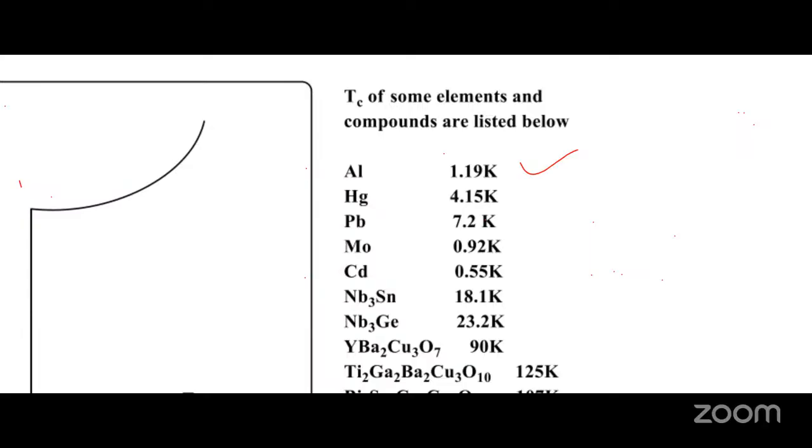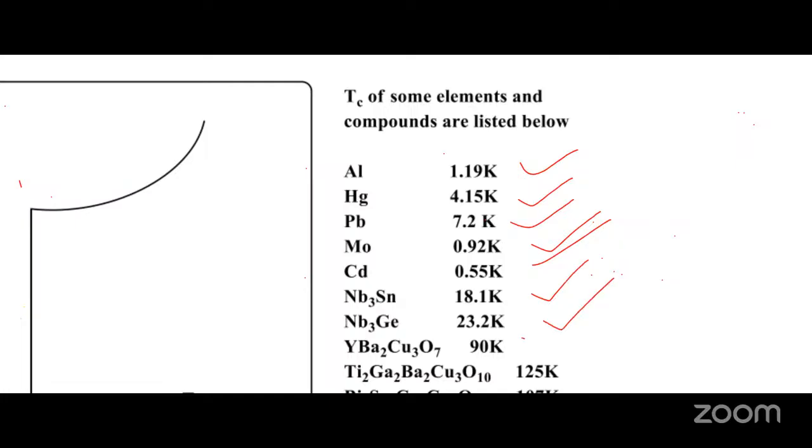At that particular 1.19, aluminium shows maximum or infinite conductivity. Coming to mercury, it is 4.15, lead is 7.2, molybdenum is 0.92, and cadmium like that. There are also combinations of niobium and tin, and niobium and germanium.